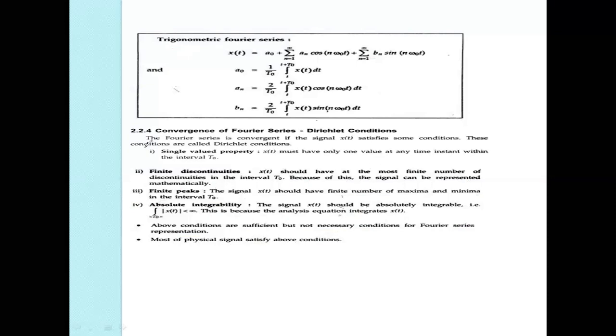Okay, this is very important, my dear students. In part A, definitely they ask what are the 4 conditions, or what are the conditions we have for the Fourier series, which we call Dirichlet conditions. Okay, and the analysis Fourier series is applicable only for periodic signals.